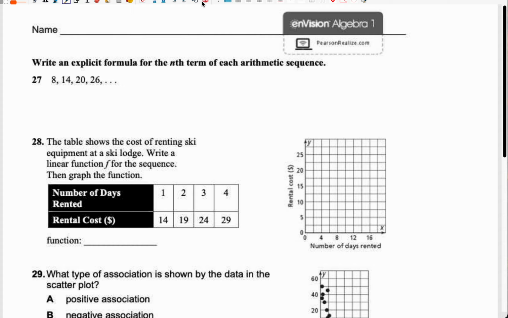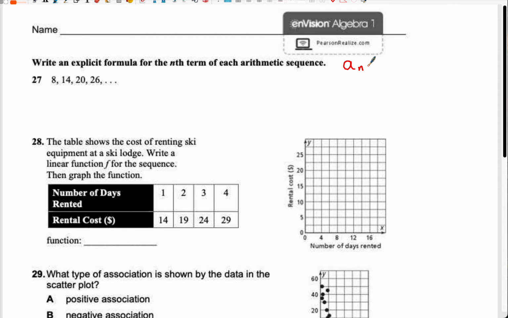Write an explicit formula for the nth term of the arithmetic sequence. You will be given these on the test form itself. It has the recursive and arithmetic sequence forms written down, so I'll give them to you here in the notes. You can write them down as well.